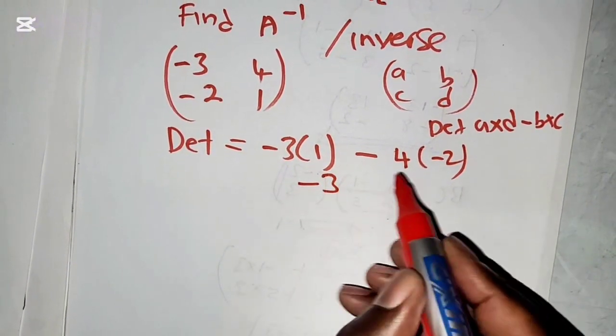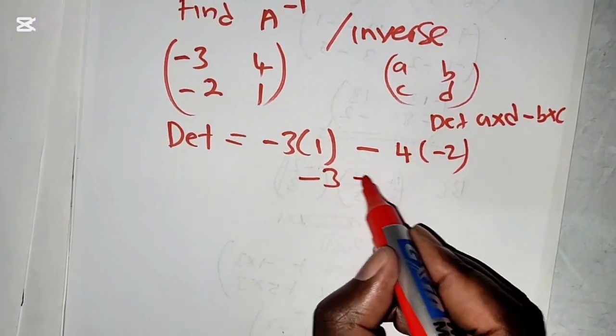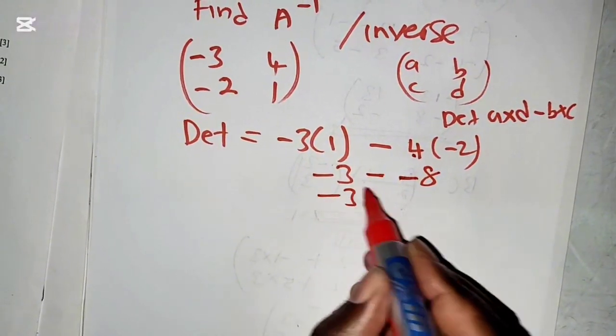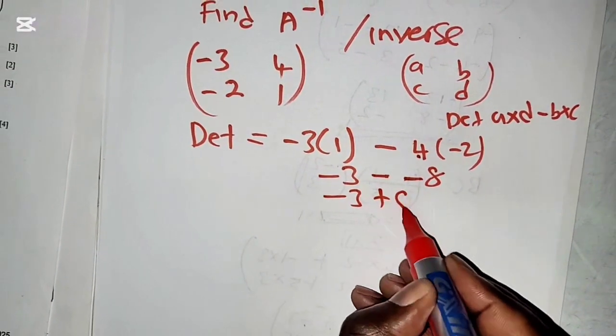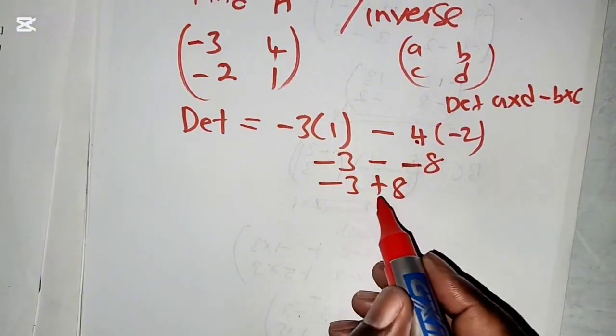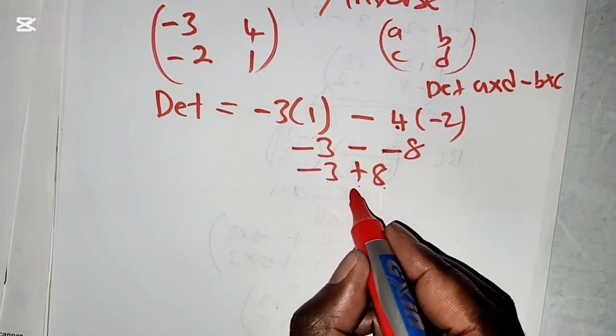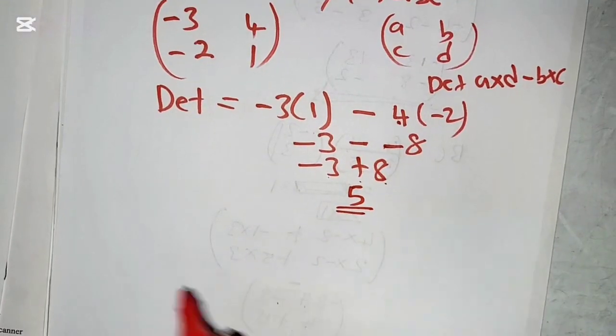You get -3, then 4 times -2 is -8. So it's now -3, a negative and a negative give a positive 8. So -3 plus 8, you get 5. That's our determinant.